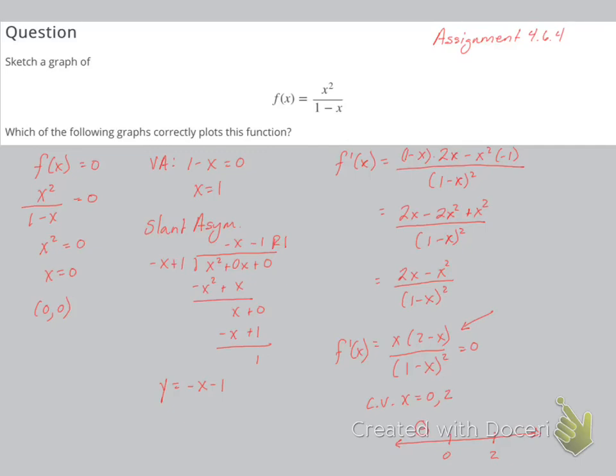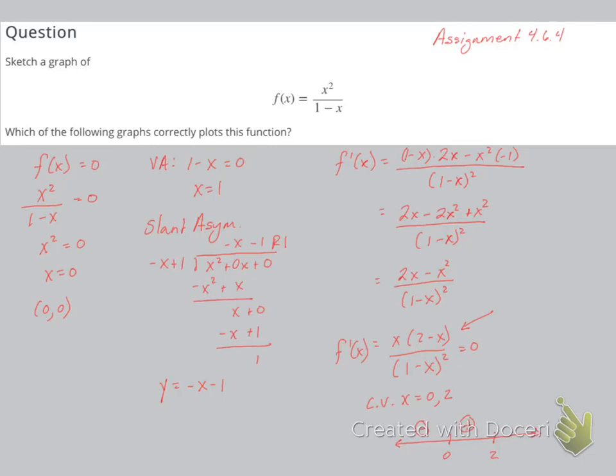If I choose +1, I'll have a positive number times a positive number, and again the denominator is squared, so everything's positive. And if I choose a number bigger than 2, I'll have a positive number times a negative number, because 2 minus a number bigger than 2 will be negative.